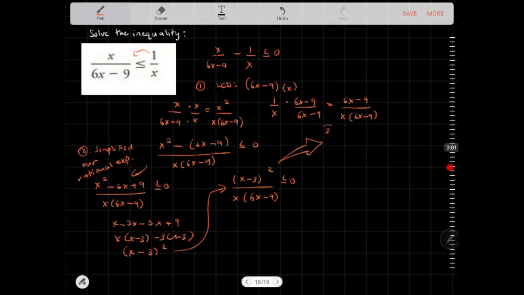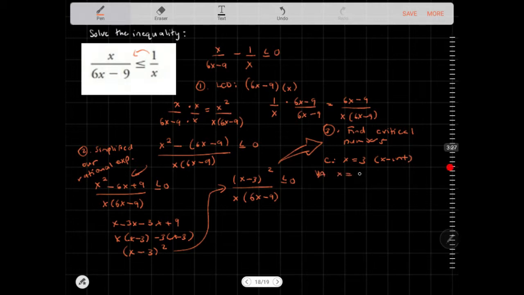Now we need to find our critical points, specifically our critical numbers. The critical numbers are values of x that include x-intercepts as well as vertical asymptotes. So our critical numbers here: x can be equal to 3, that's one of our x-intercepts.